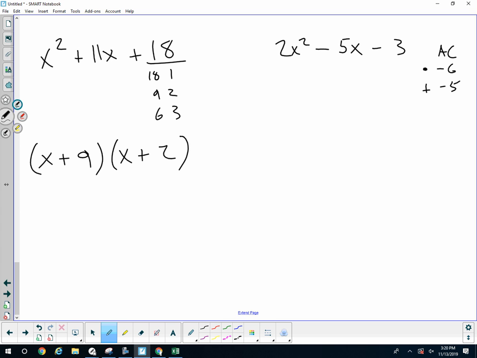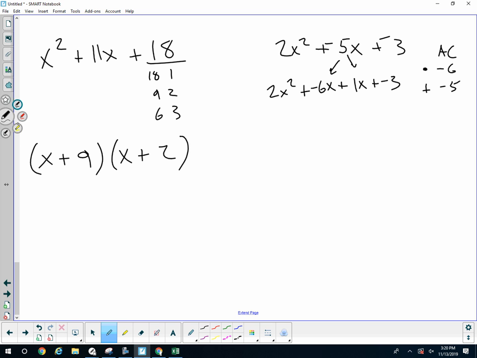What are the numbers? Negative 6 and 1. Put the -6 first, put the 1 second. It's a tricky one. 6s and 5s, sometimes it could be 2, 3, sometimes it could be 6 and 1. You got to take care of the signs.